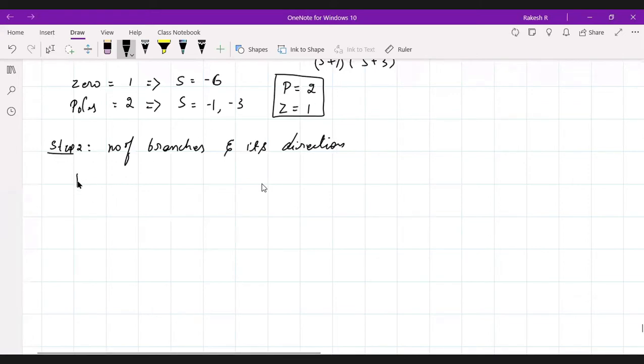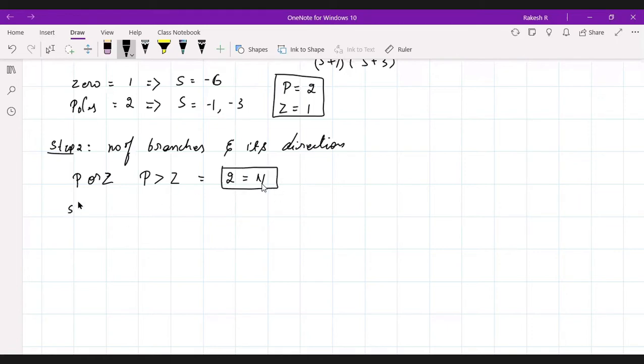The number of branches will be P or Z, whichever is greater. Here, poles we have 2, so P is greater than Z. So the number of branches will be 2. I can write N equals number of branches as 2 here.